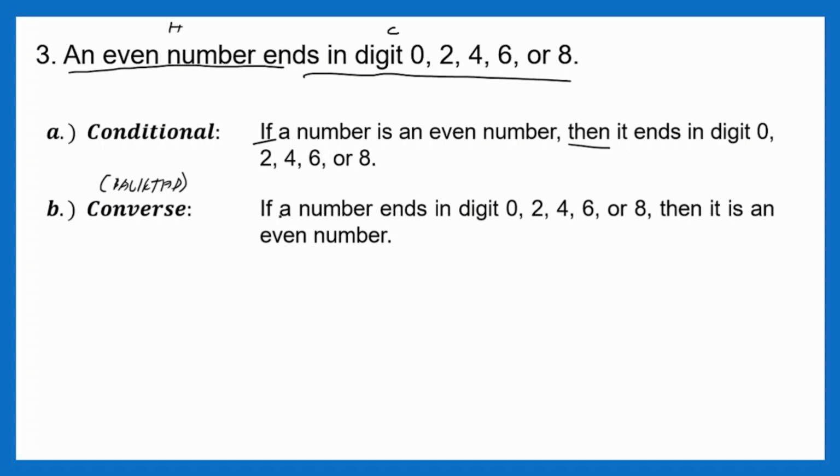Kasi nga, number yung tinutukoy. If a number ends in digit 0, 2, 4, 6, 8, tapos naging conclusion ito. Then, it is an even number. Okay? So, that's for the converse. Binaliktad lang natin yung hypothesis and conclusion.